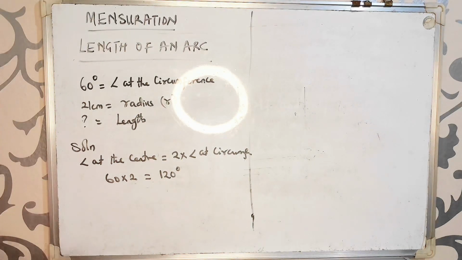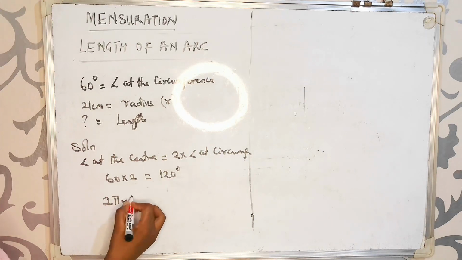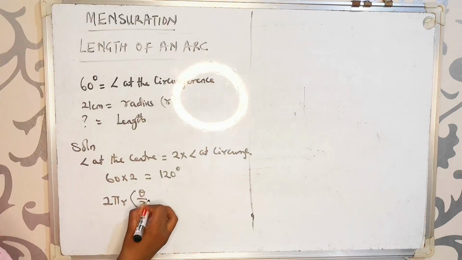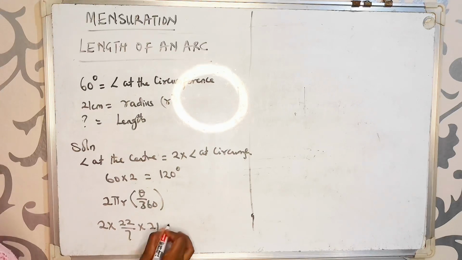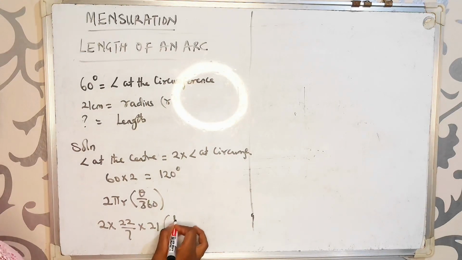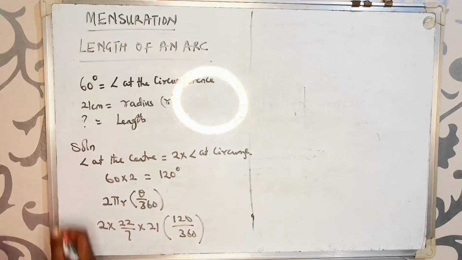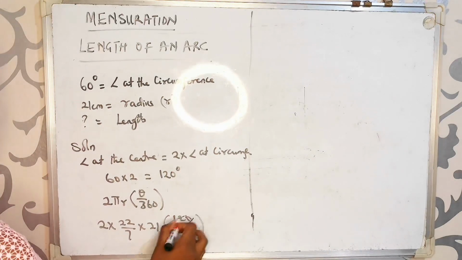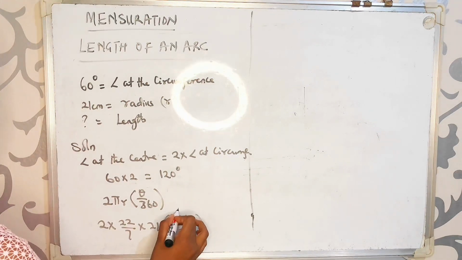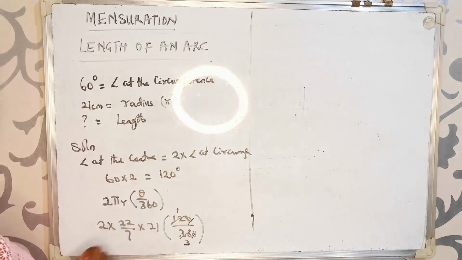So now that we've gotten the angle at the center, we use the formula 2 pi r bracket theta over 360. This is going to give us 2 times 22 over 7 times 21 times 120 over 360. So according to this, 120 into 360 will give us 1 over 3, because 120 times 3 will give us 360.